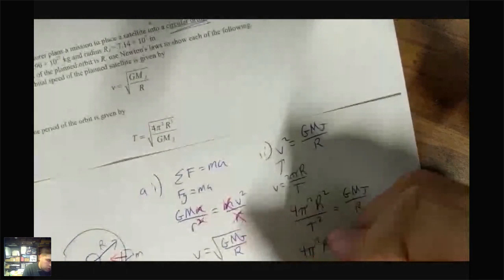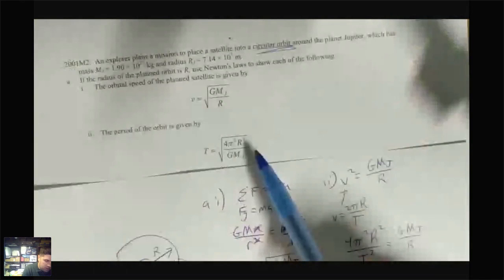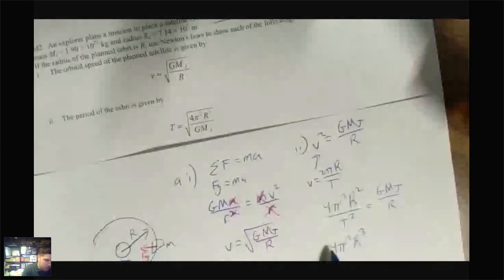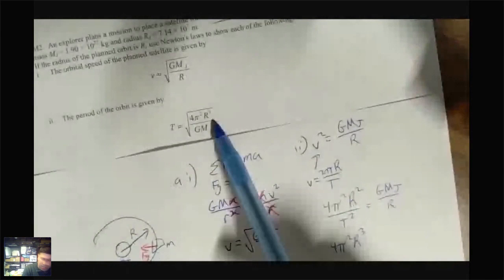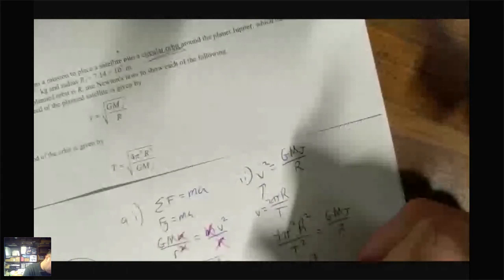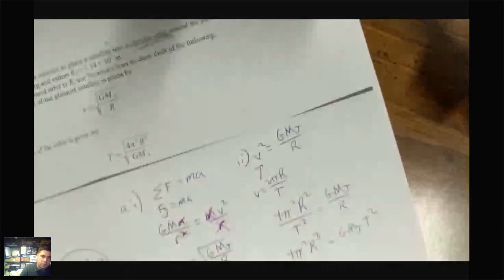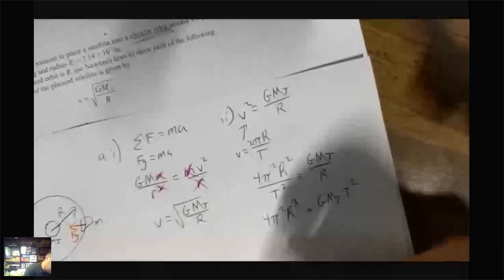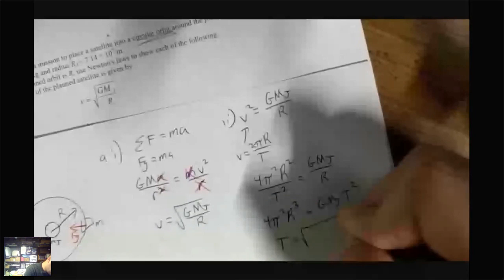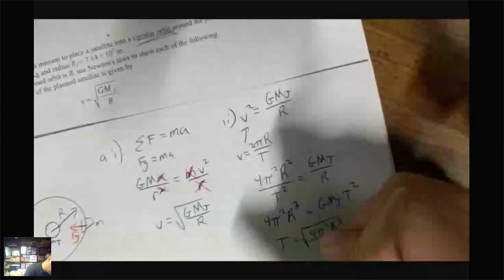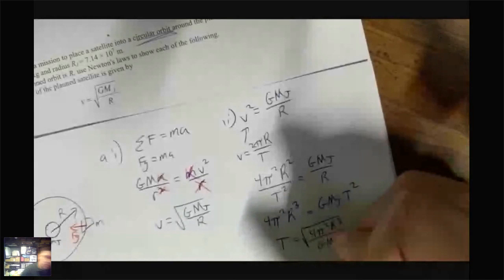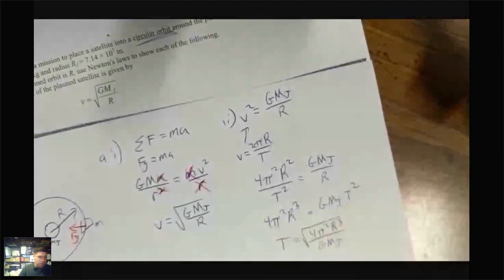Hey, that's good. We're supposed to have an r cubed in our answer. In fact, everything here looks like what we need in our answer, equals G mj T squared. And now we just solve for T. So I'll divide by G mj, and I'll get T equals the square root of 4 pi squared r cubed over G mj. And there we go. There's part 2 already done for us.